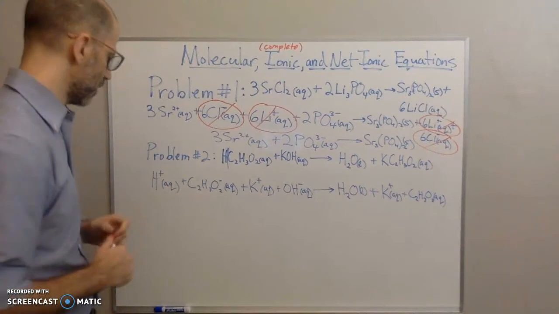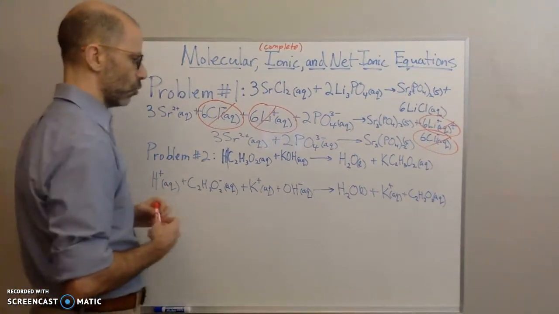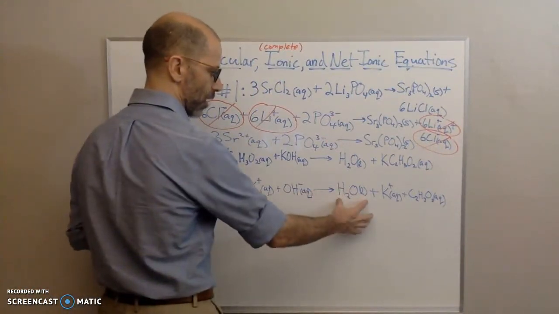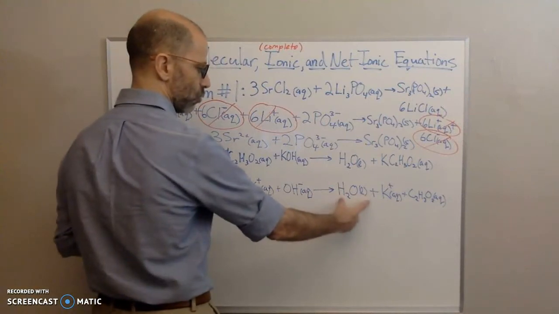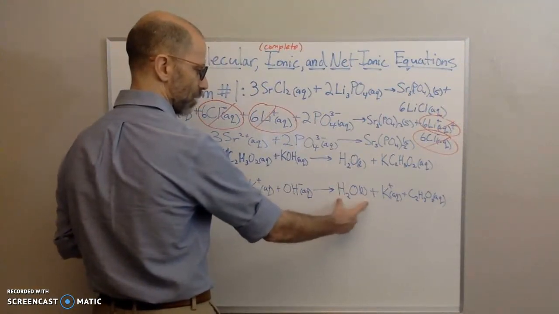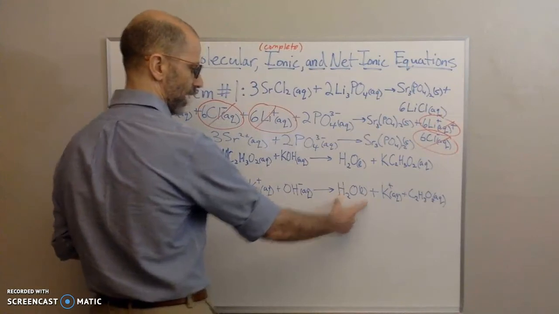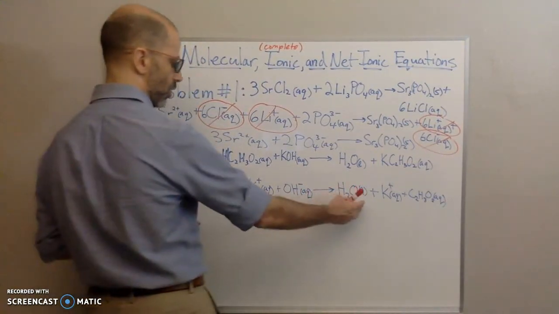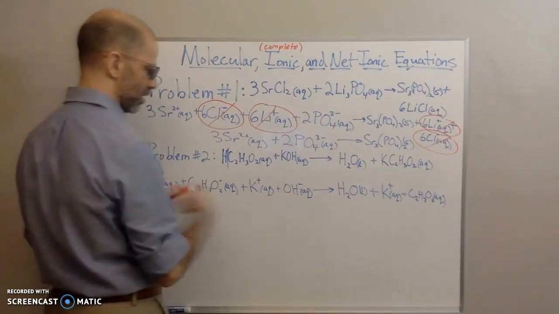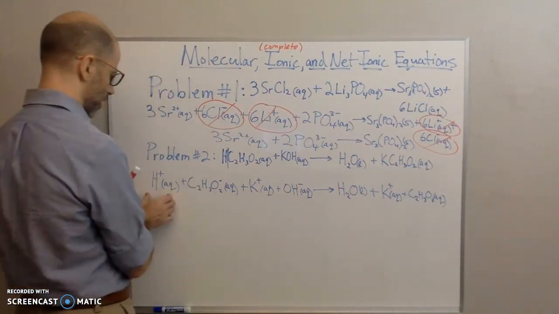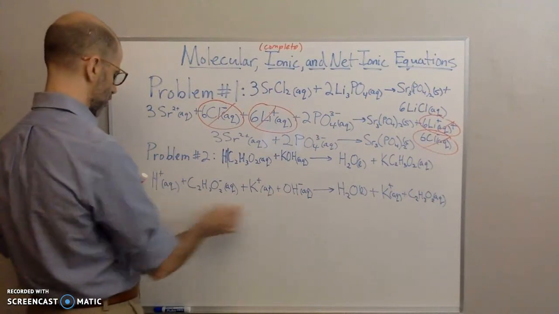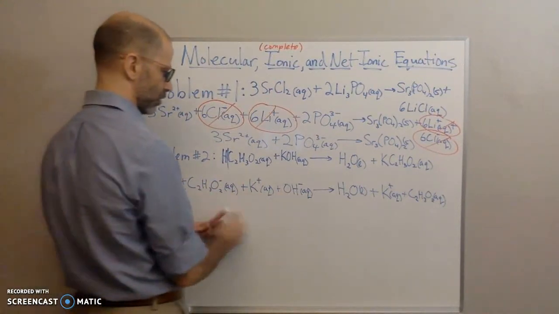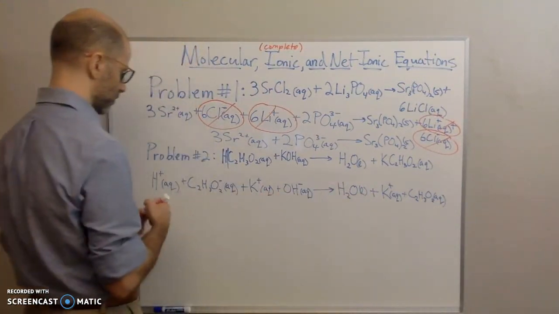So once again, we look at what product was formed, and whatever is formed in this product is part of the reaction. Well, what is going to go together to form water? Well, that's going to be your OH minus and your H plus. Your OH minus and your H plus go together to form the water.